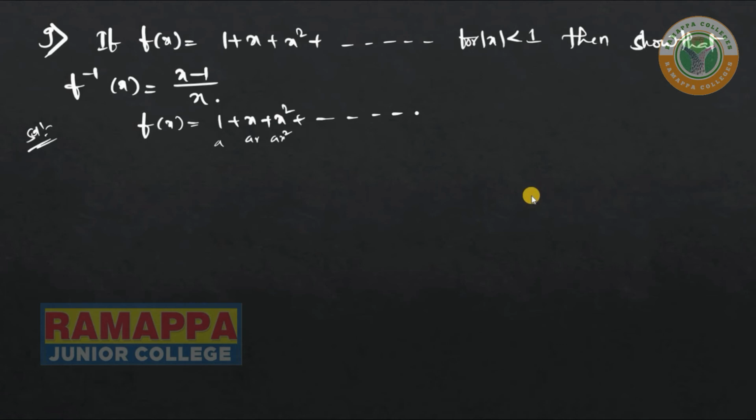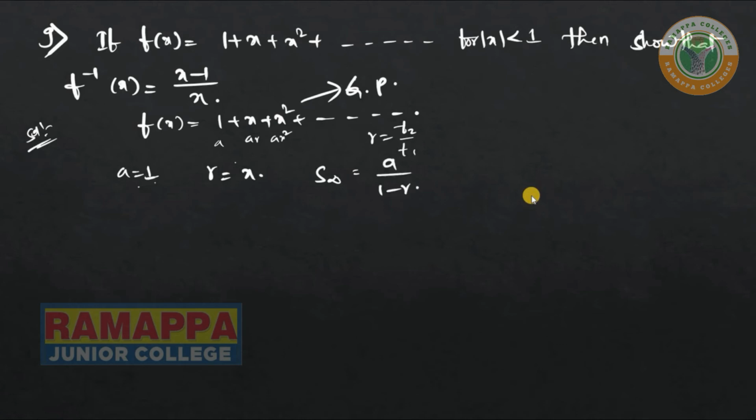It will come like this. So here a is equal to 1, which means geometric progression. I am taking a as 1 and r as x here, because r is the second term by the first term, so x square by x is x only. From this, the sum of the series is equal to a by 1 minus r.